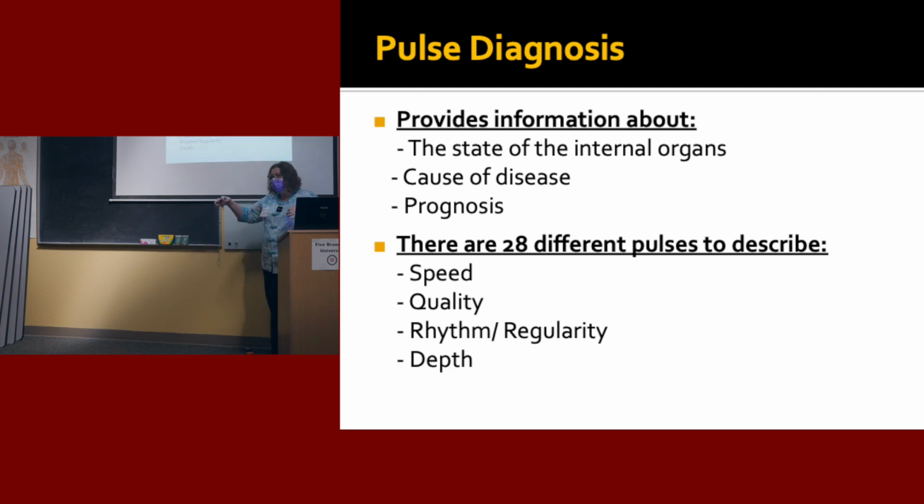Wiry is the way, when you have the guitar, it's nicely tight, and this is what you feel when you take the pulse. Slippery is like the imagery they give: if you have pearls on a plate and you put your fingers gently, it's like bloop, bloop, bloop, bloop. This is a slippery pulse.